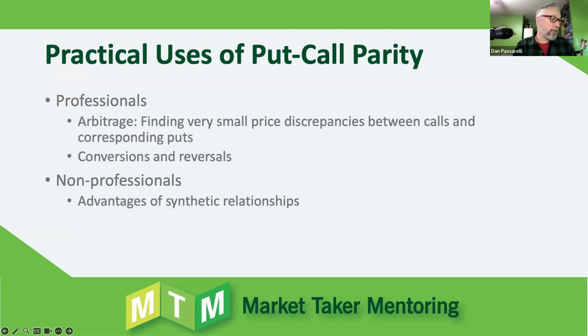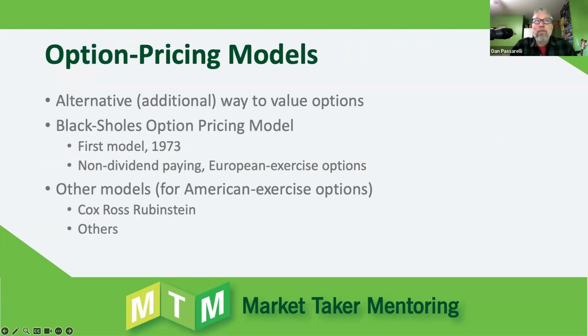And it works. It really does work for more complex positions as well. Debit spreads are synthetic credit spreads, but I don't want to get too heavy into that because I want to have time to move on to the next topic, which is option pricing models and volatility. This is an alternative, or really an additional, way to value options. The Black-Scholes options pricing model was first invented in 1973, incidentally the same year that options got listed for the first time on exchanges, on the CBOE.